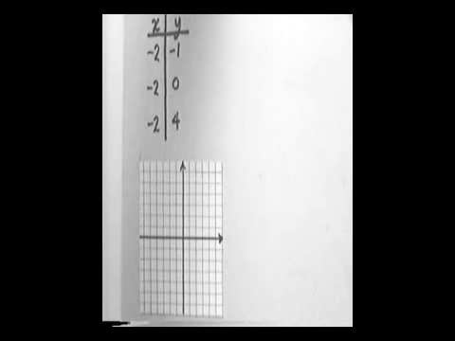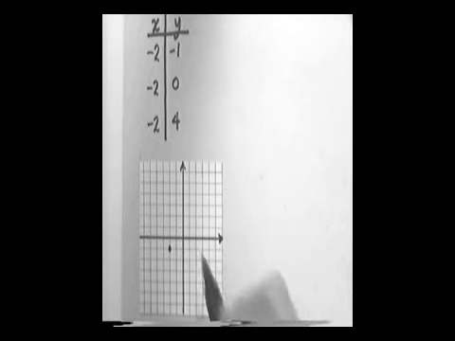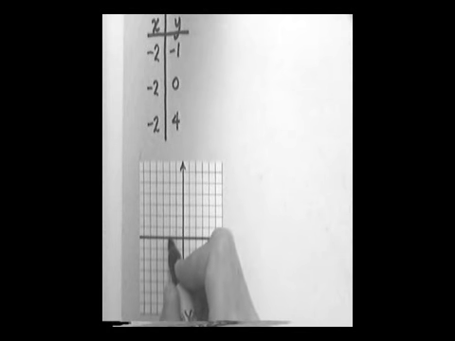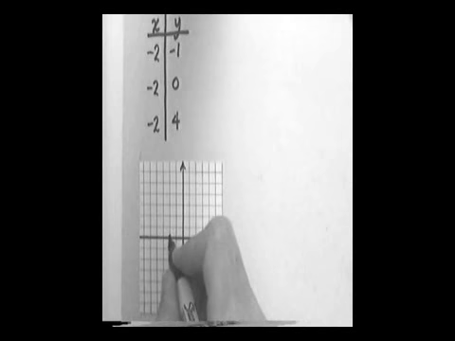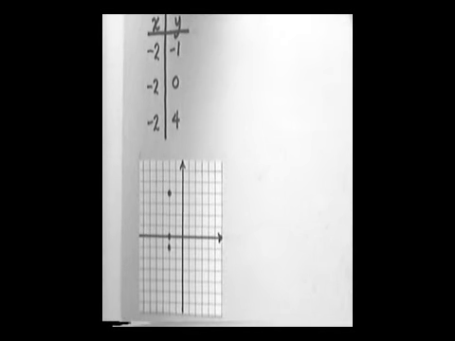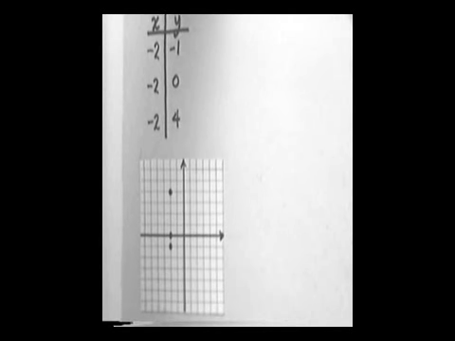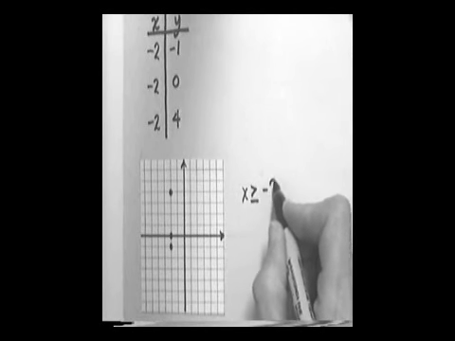The graph: -2, -1, to the left 2 and down 1. -2, 0, to the left 2 and on the axis. -2, 4, to the left 2 and up 4, 1, 2, 3, 4. A vertical boundary line.